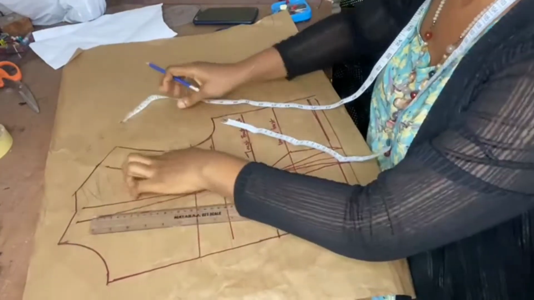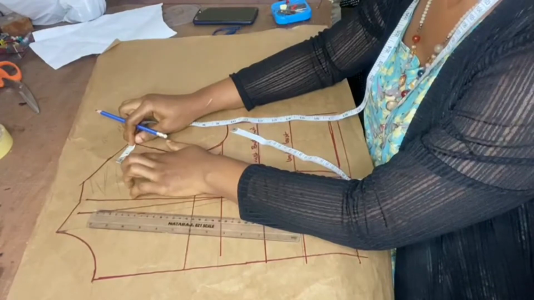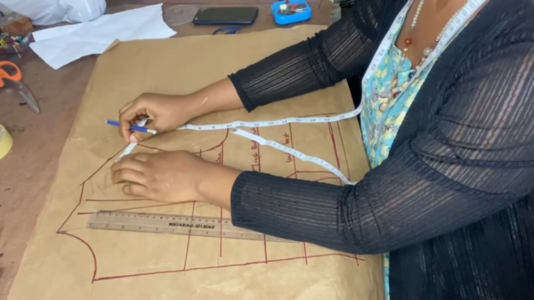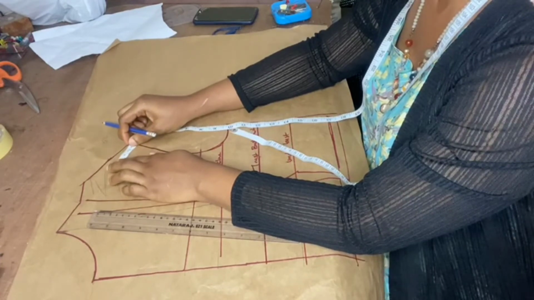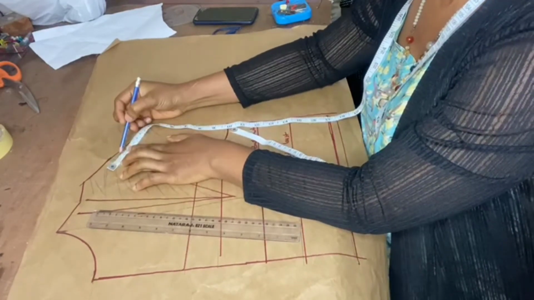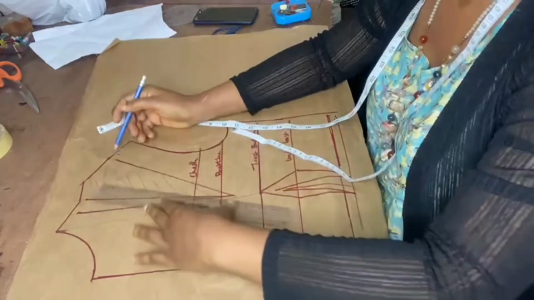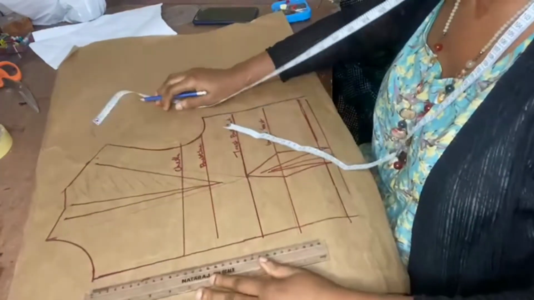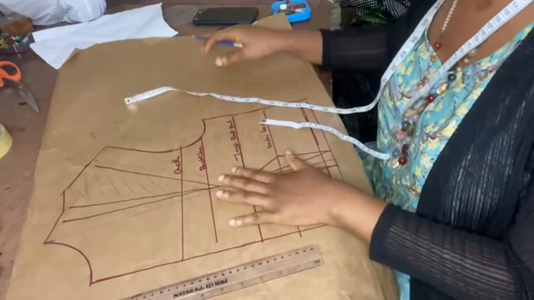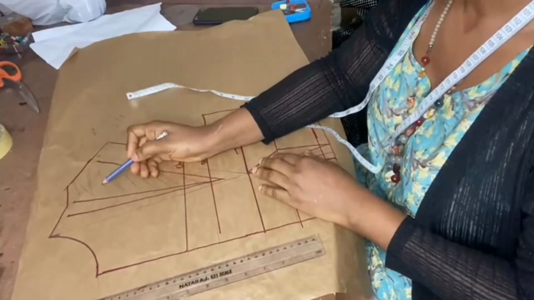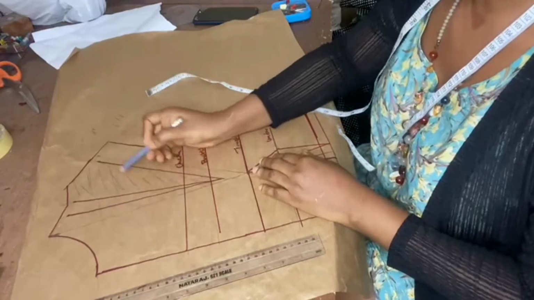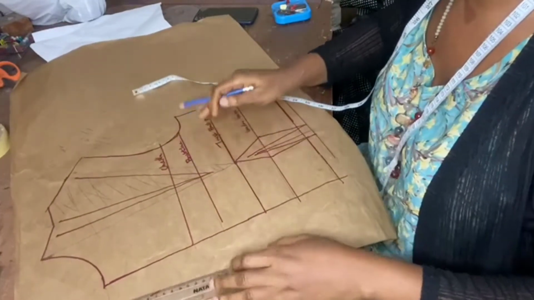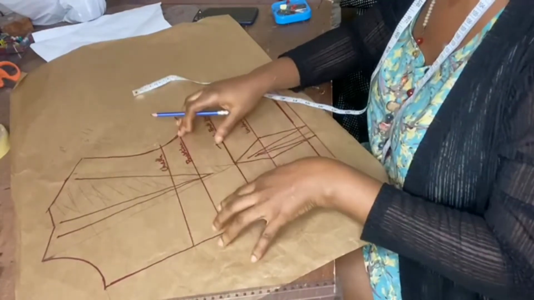Then on this side I'll measure 1.2 cm, this is where the 1.2 falls. I'm going to connect it to my bust point also. This is going to be taken out to tighten, to get the bustier style line for this pattern.